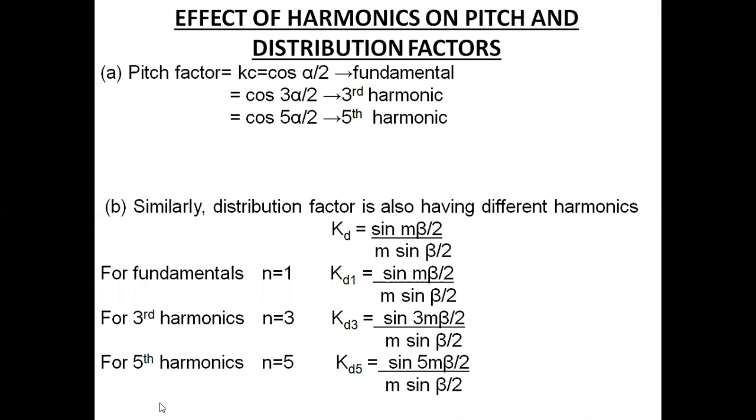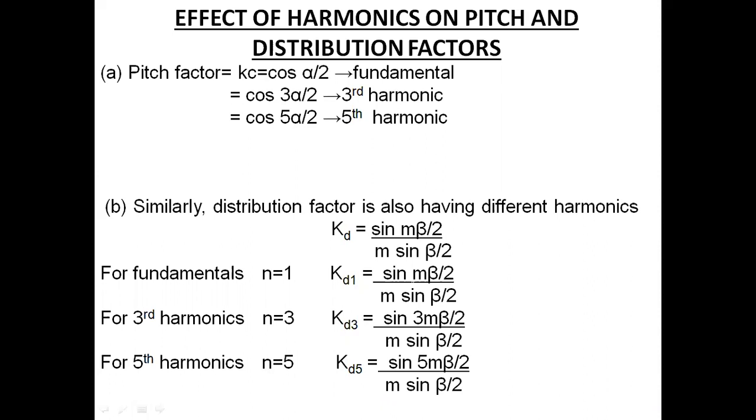See here, first there are three conditions. In the first condition, I am taking the short pitch angle or chording angle as alpha degrees electrical. Now, the fundamental flux wave value will be different for different harmonics. There will be the fundamental, third harmonic, fifth harmonic, seventh harmonic, like that.